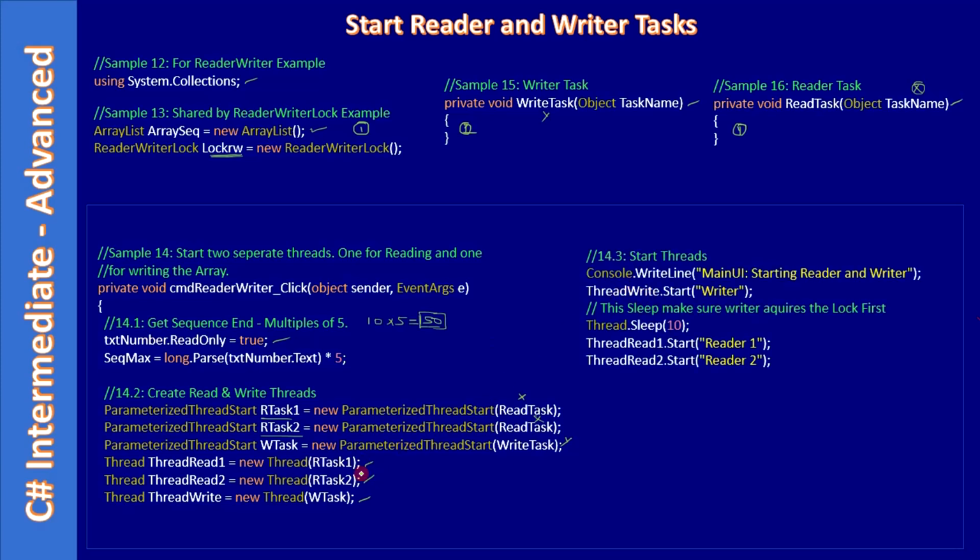So after creating the threads, we are writing in the console stating main UI starting reader and writer. So in the console window we are writing this, and I think it will be good if we keep this as a debug.